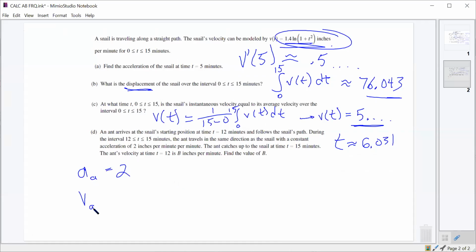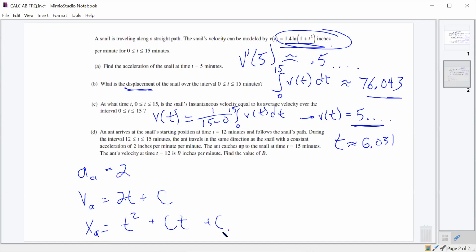So first off, the velocity of the ant ought to be the integral of 2, which is 2t, plus some constant. We need to find that constant, though. So to find it, we're going to have to find the total distance this ant traveled, and find its equation. So that should be t squared plus that constant times t plus some other constant.